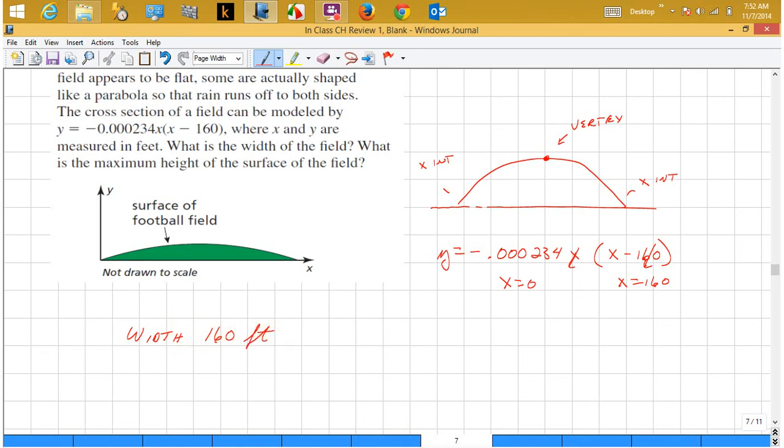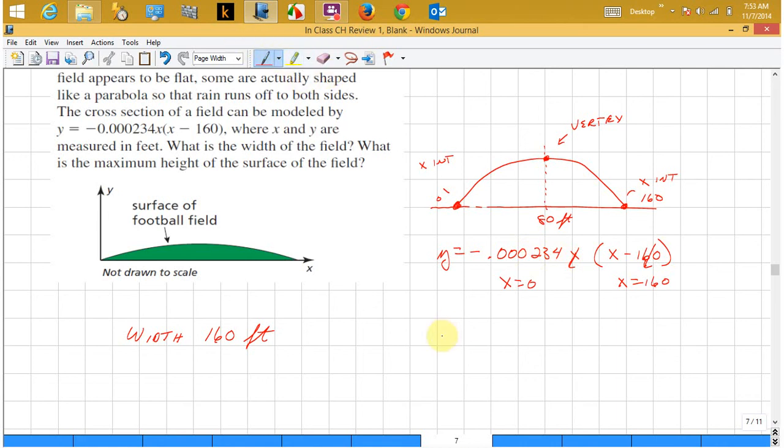And what we need to do now is find this vertex. The vertex, or the maximum height, is going to occur halfway between 0 and 160. So right in the middle, I'm going to be at my maximum height, which would be 80 feet on x, and I need to find the y value for how high that football field is. So I'm going to put 80 into this equation. Okay, I'm going to put it on hold while I calculate that out.